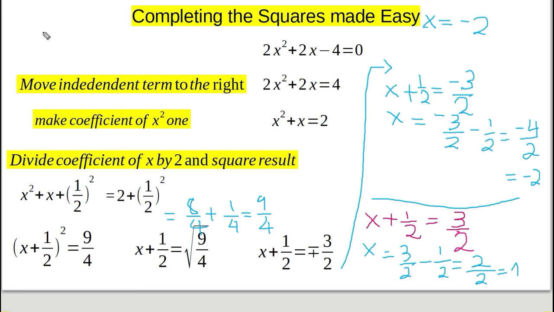So the other value of x is x equals 1. So this is how you can solve a quadratic equation using completing of squares.